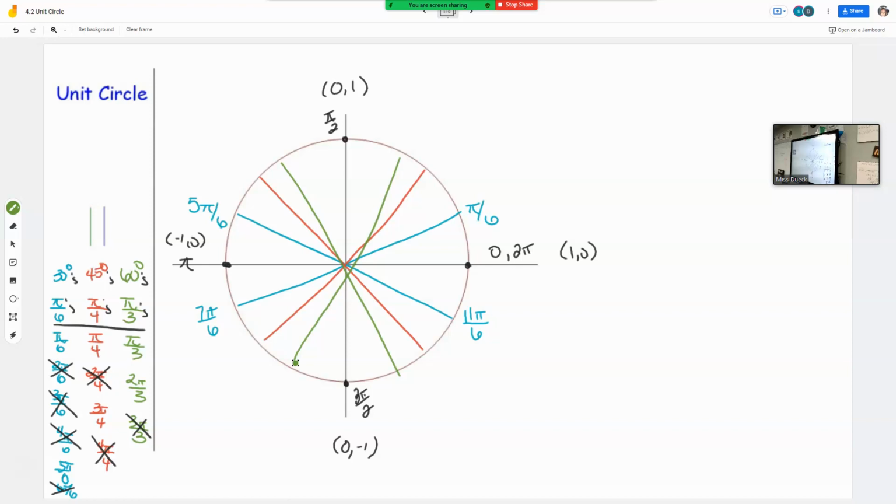Thinking a very similar idea, but with fourths, thinking about thirds.